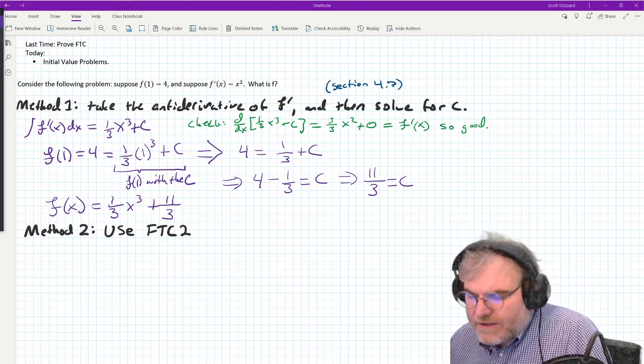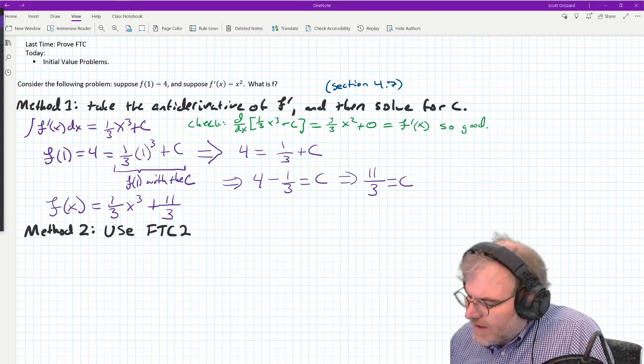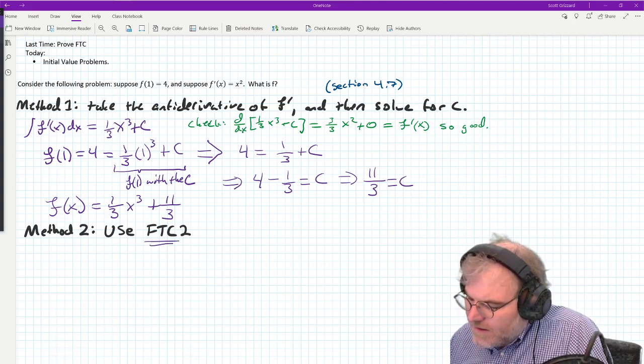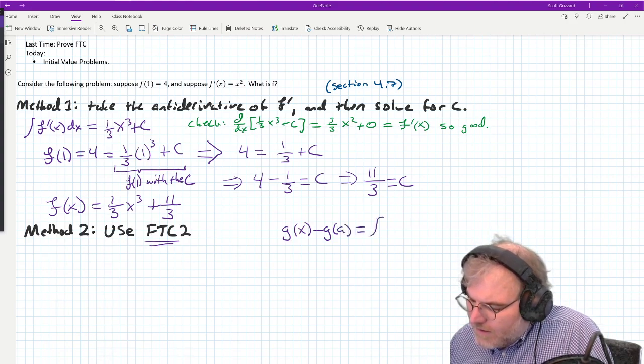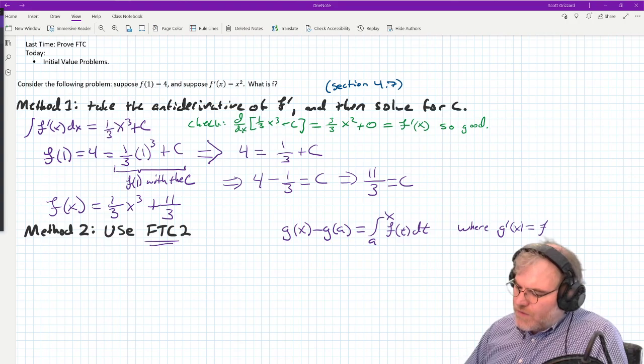There's another way to do these, and that's to use FTC2. Now, recall FTC2 says that g of x minus g of a equals the integral from a to x of f of t dt, where g prime of x equals f of x. So I'm going to apply that to this situation.